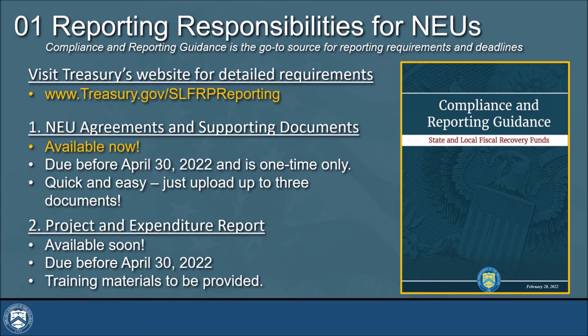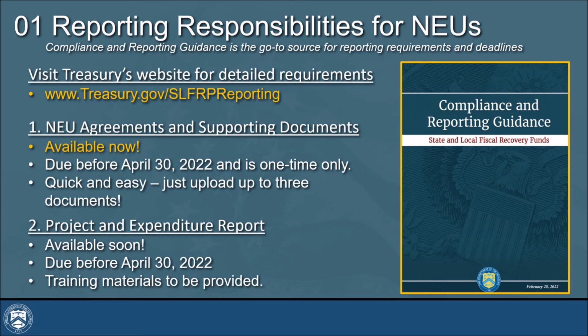The due date for this report is before April 30th, 2022, and is a one-time collection only. We anticipate this would be quick and easy for most NEU recipients, and only requires that folks upload up to 3 documents. In the next slide, I'm going to go into detail more about this specific report and what the documents are that are required.